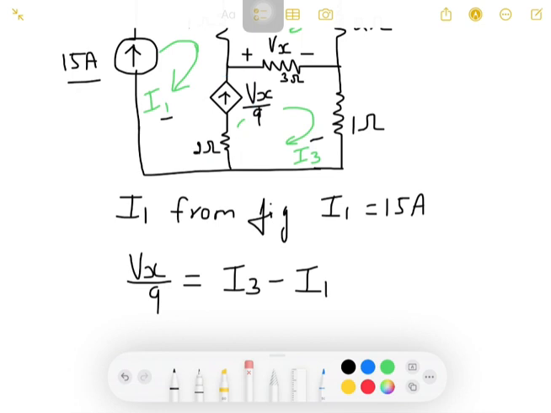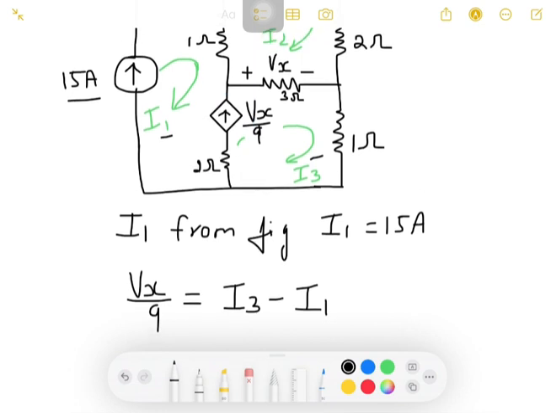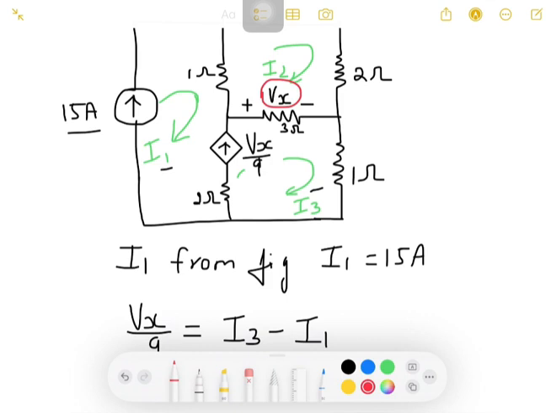Now one more thing, if you observe from the figure, it is given here as Vx. There is a voltage drop across that one. What is Vx from the figure? Let me write the equation for Vx. We know the formula as per Ohm's law, V is equal to I into R. Right? Let us see which currents are flowing in that resistor.